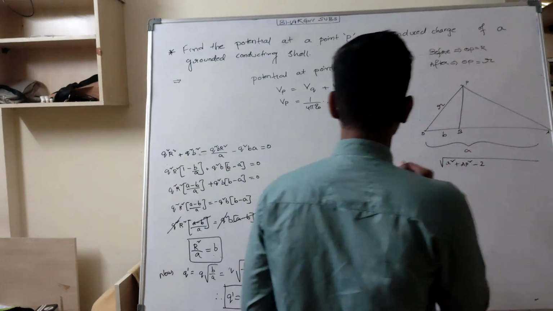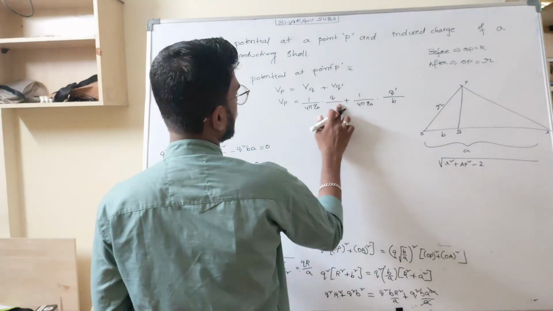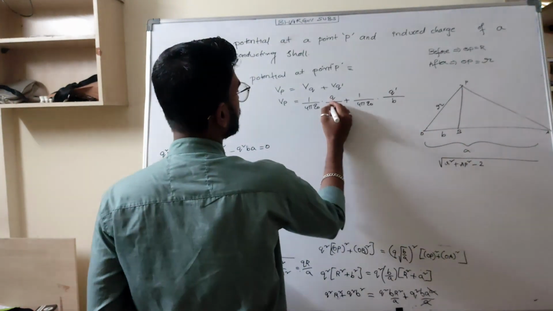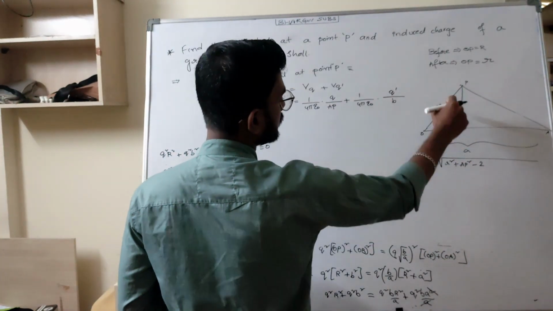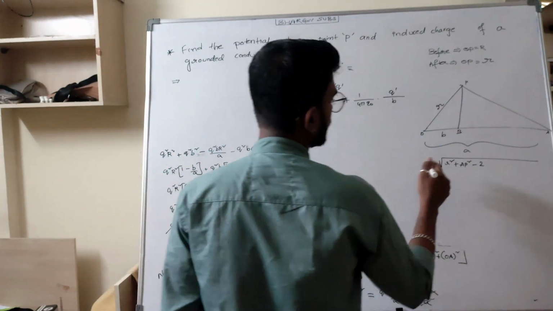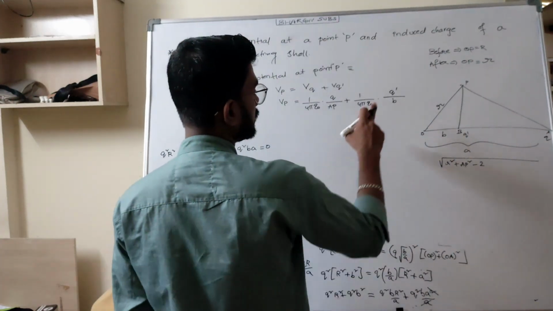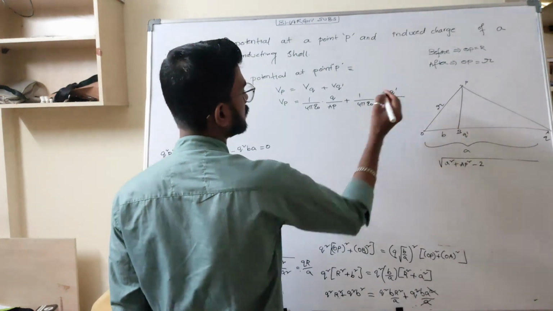Sorry, again we made a small mistake. We have to find the potential at point P now. So we have to write the distance of point A from P, which was AP, and point B, where charge Q dash is present, and here charge Q. So the distance from Q dash is BP.